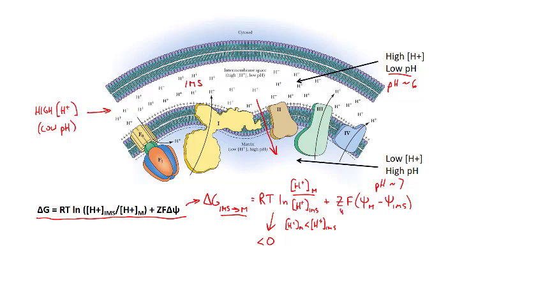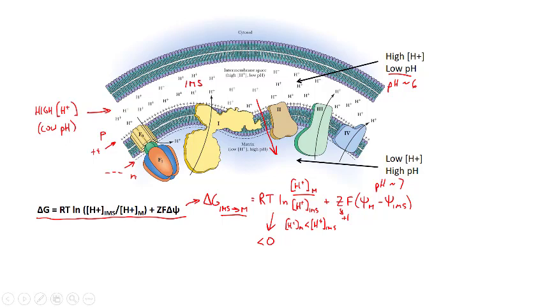Now let's take a look at the second term over here. The charge on our ion is +1. And what about our delta psi? So I haven't talked about the change in membrane potential across the bilayer, but notice how this diagram is drawn. We have all these plus signs on the intermembrane space side and all these minus signs on the matrix side. In fact, some textbooks even call the intermembrane space side the P side and the matrix side the N side.